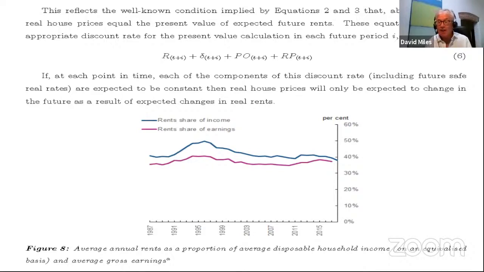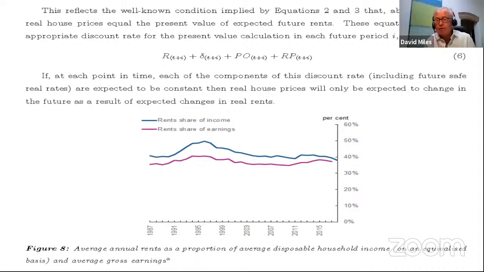It's pretty much flat. So the rents that you expect to get from housing move in line with incomes, but you discount them at a declining required rate of real interest, which on average was falling. It didn't decline every year, but on average it was falling.